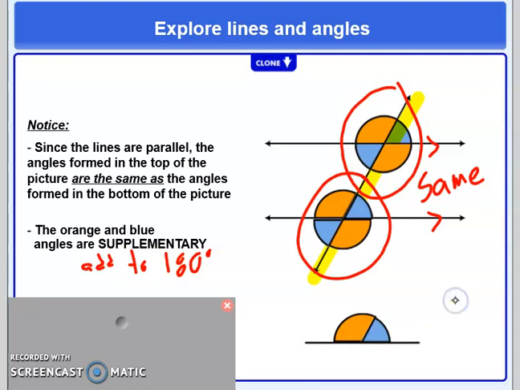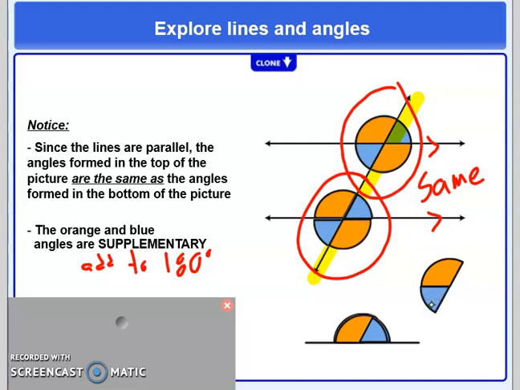There we go. And we all know that a line is 180 degrees. So that's why the orange and the blue angles are going to be supplementary. It could be from this angle, again, to this angle, right? That creates a line. It could be this and this.